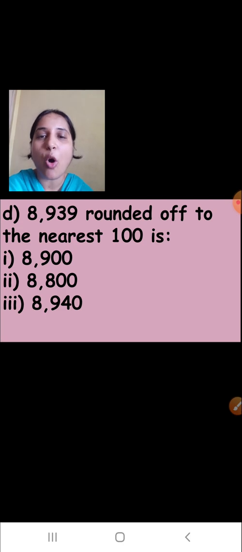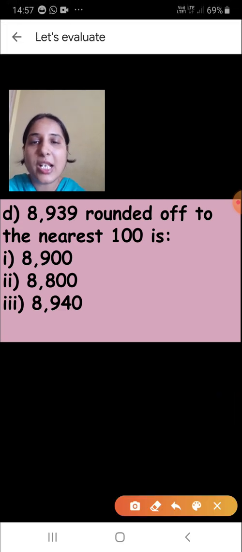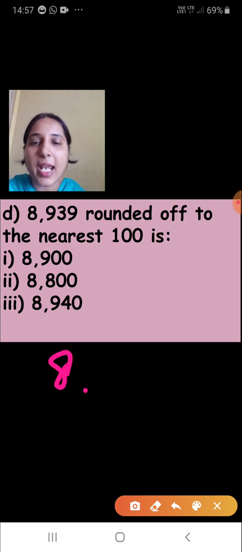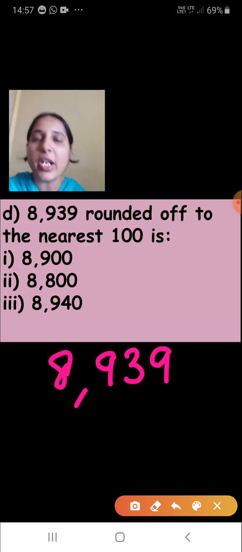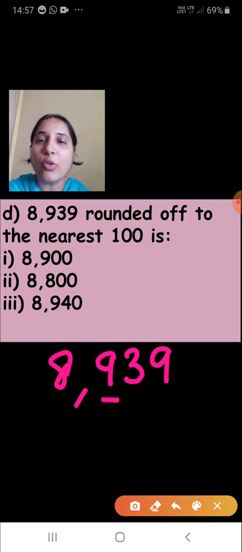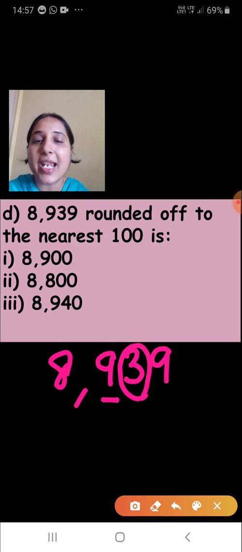8,939 rounded off to the nearest 100 is. So let's write this number first. This is 8,939. You have to round it off to the nearest 100. So where will you look? You will see the digit at the tens place, which is 3 here, which is less than 5. So what are we going to do?